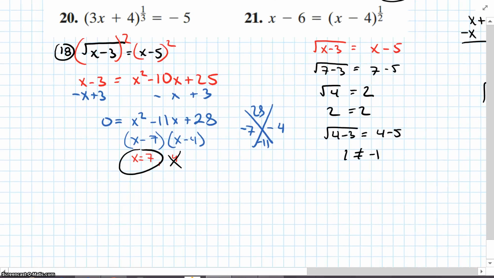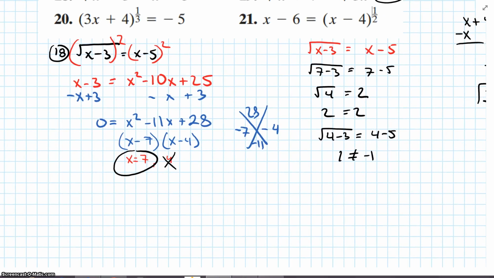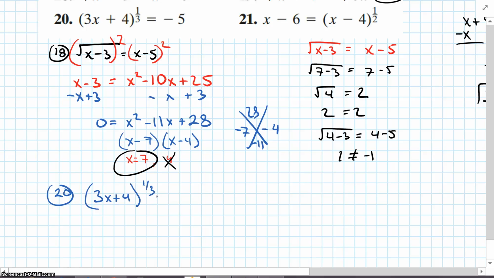Okay, let's look at 21. Sorry, 20. 20 says this. 3x plus 4 to the 1/3 power equals negative 5. Raise everything to the reciprocal. So I get 3x plus 4 equals negative 5 cubed.